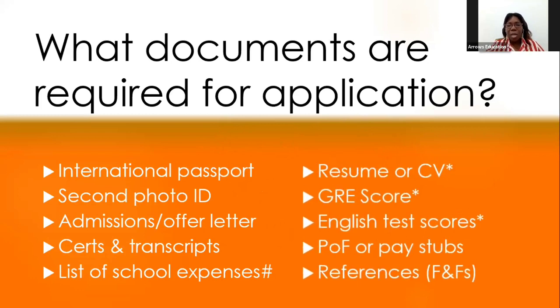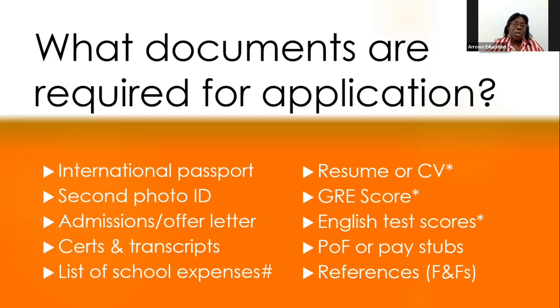You need your resume, or CV. You need a GRE score if it's applicable to the course you want to study. English test scores if it is required from your country or for the course you want to study. You need your proof of fund. That's your bank statement or your pay stub, that's your pay slips. If you need to present something that is more than the loan that you're getting, then you're going to need to present extra proof of fund.